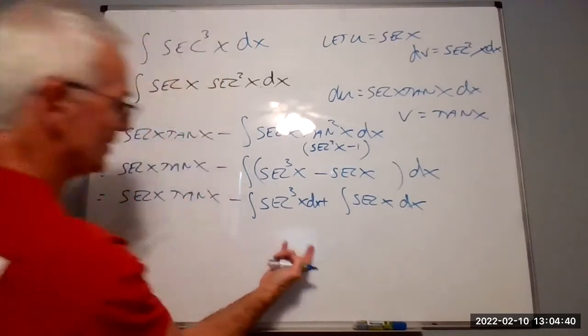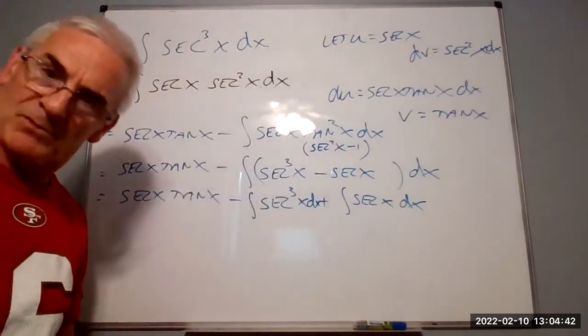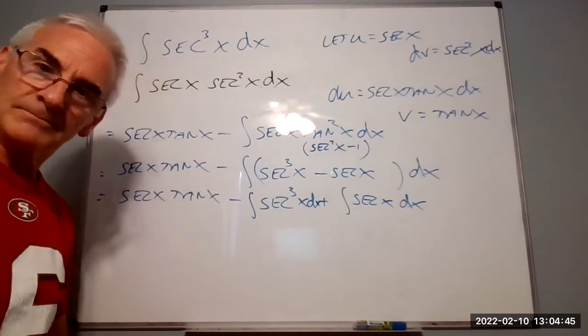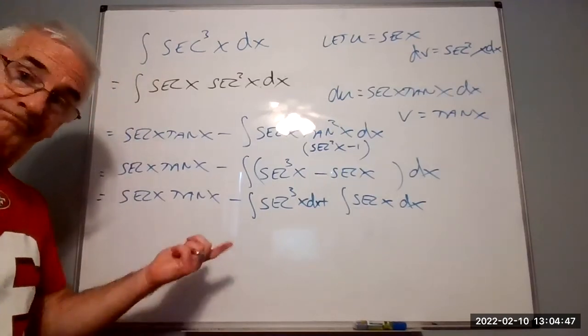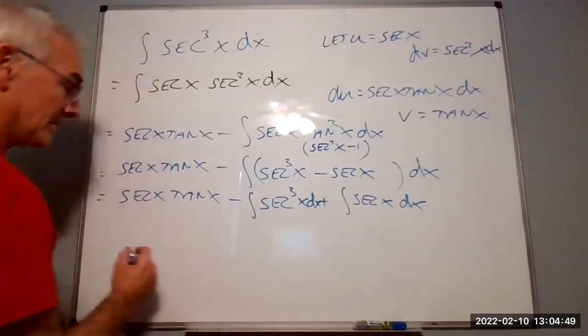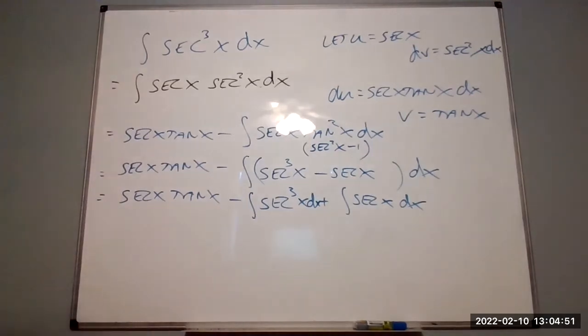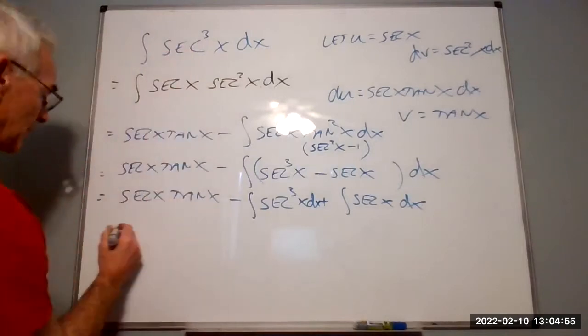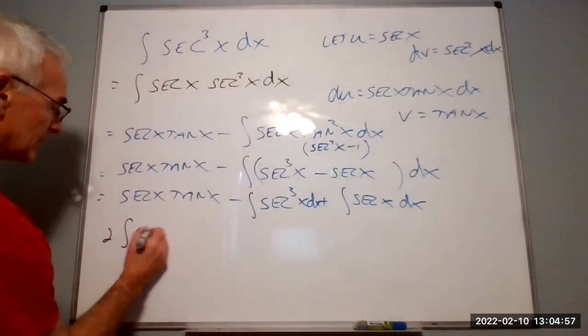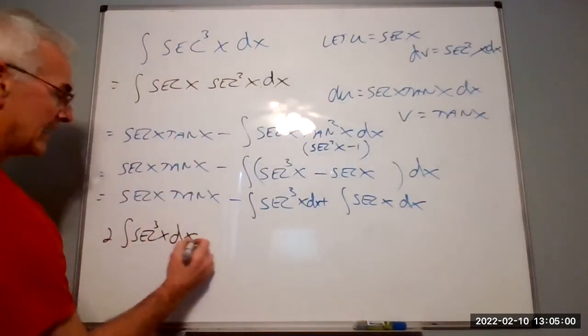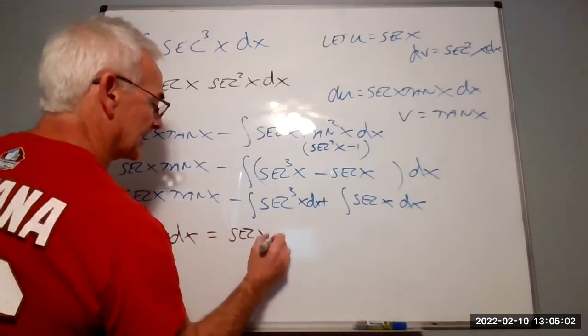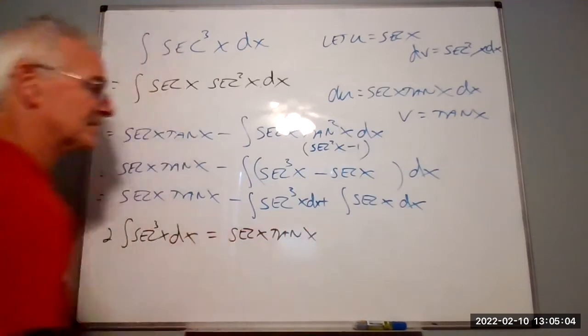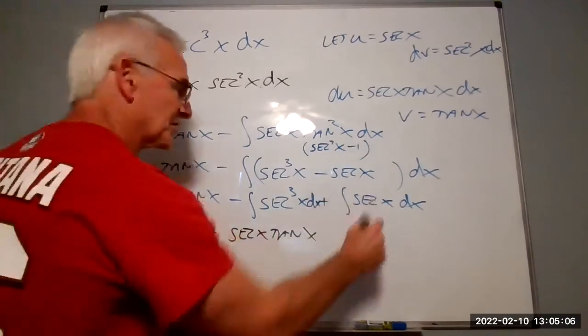So can I throw this guy on the other side like we did earlier, everyone? Is that a legal move? Pretty much what I have to do. So now, where are we in the process? If I add this to both sides of the equation, I would now have 2 times the integral of secant cubed x dx. And on the right side, I have secant x tan x, and then I have plus the integral of secant.